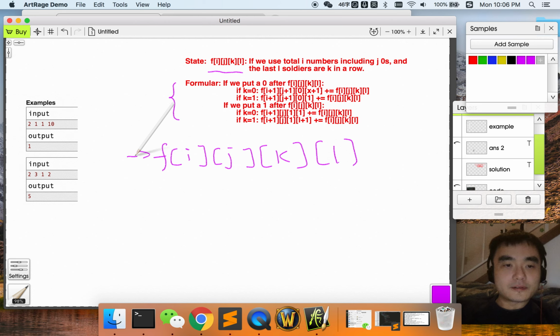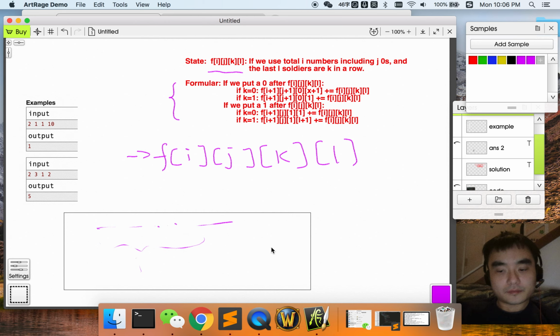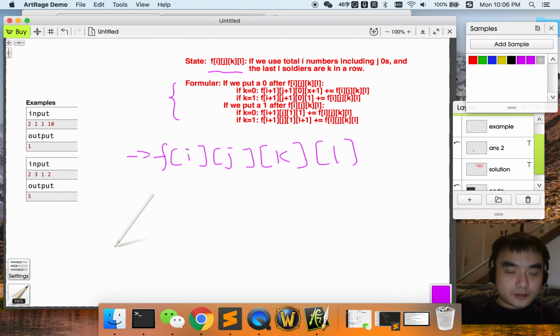This is a known value, and we assume that this is a known value, and that means we got i numbers. Actually, let's make some more. 1, 2, 3, 4.